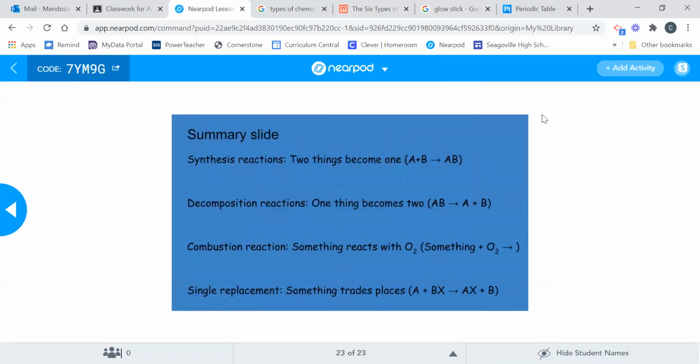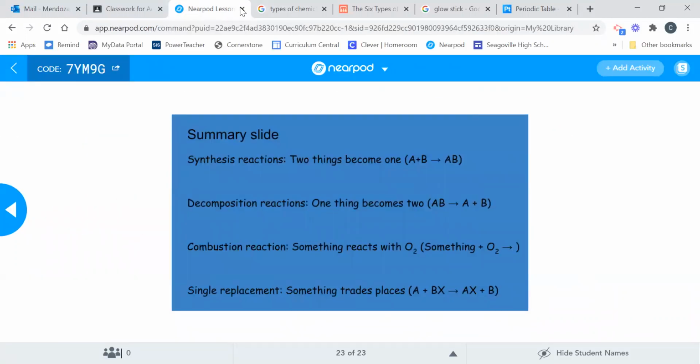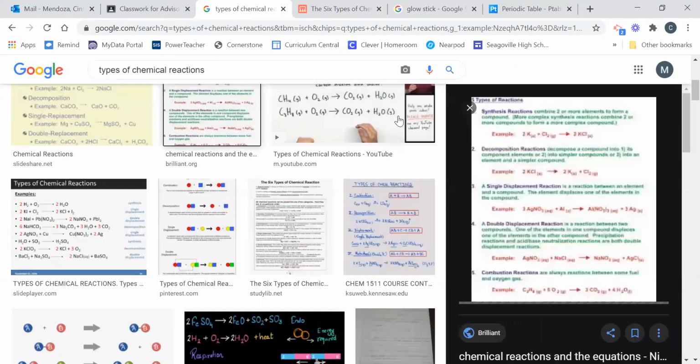And then this is just a summary of everything that we've gone over. You do need to know the different types of reactions, but all you have to do is be able to differentiate. And by differentiate, I mean, what makes the reactions different?